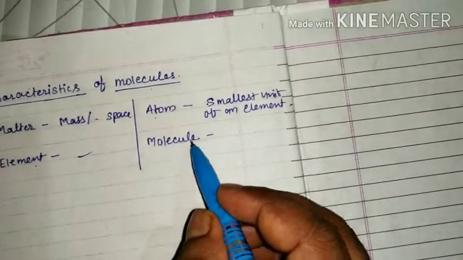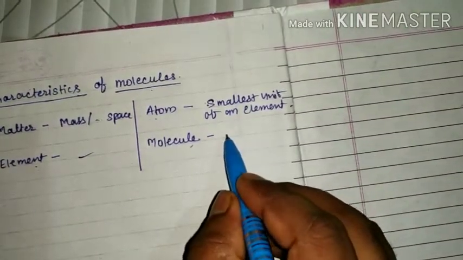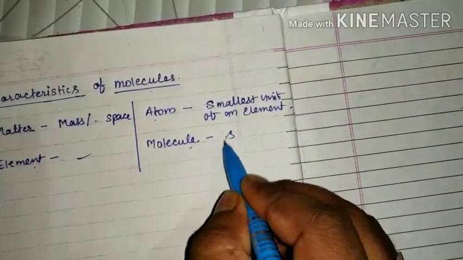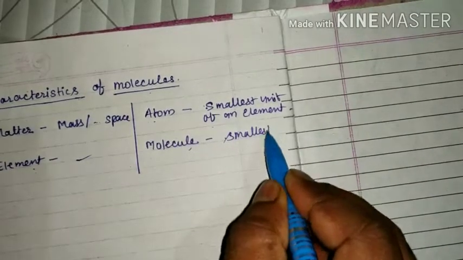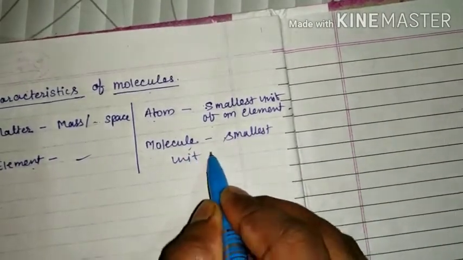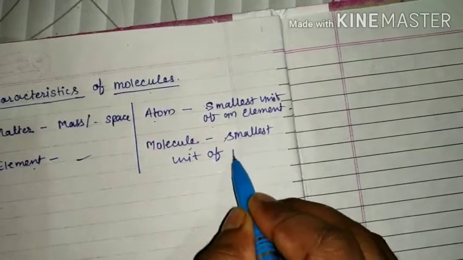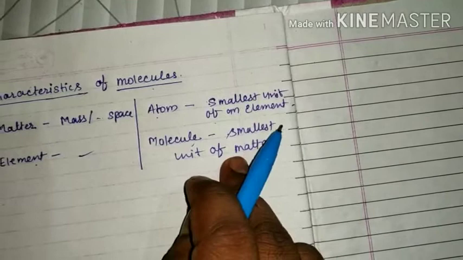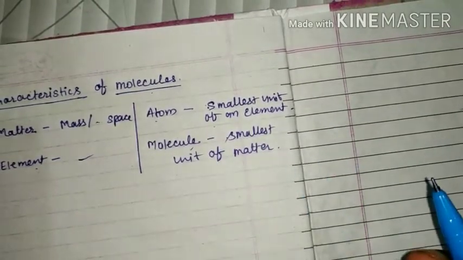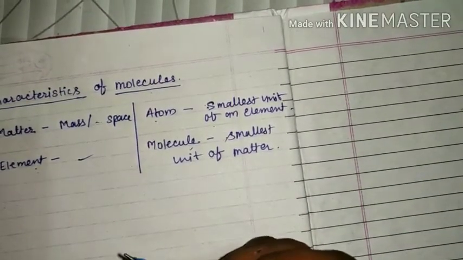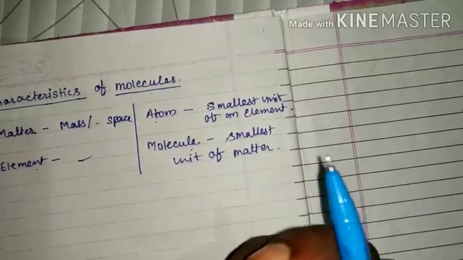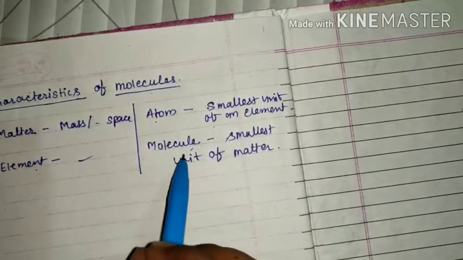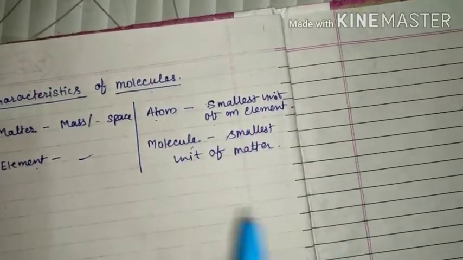Now molecule, it is the smallest unit of matter which can exist independently and retain all physical and chemical properties of the substance which the molecules have.